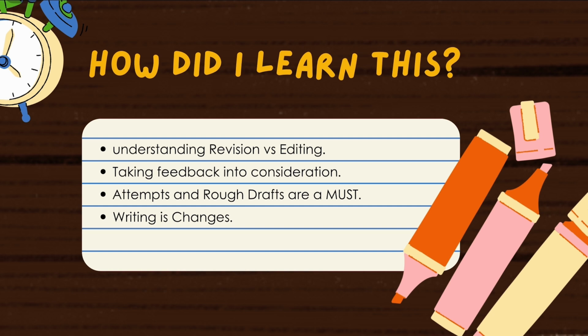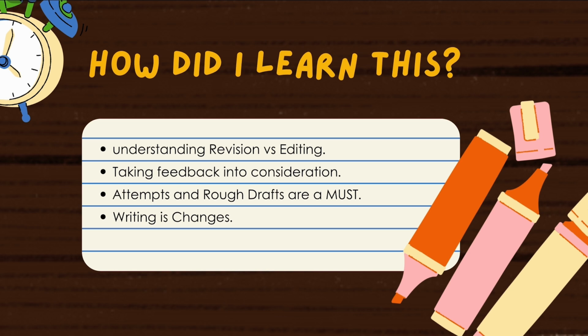So whether it be family, friends, or peers, they're reading what you wrote and they give you feedback, you have to take their feedback into consideration and say, well, you know what, I agree with this, let me fix this. Or, you know what, I don't agree with this, let me not fix it. That is what writing like a writer is, taking feedback into consideration.